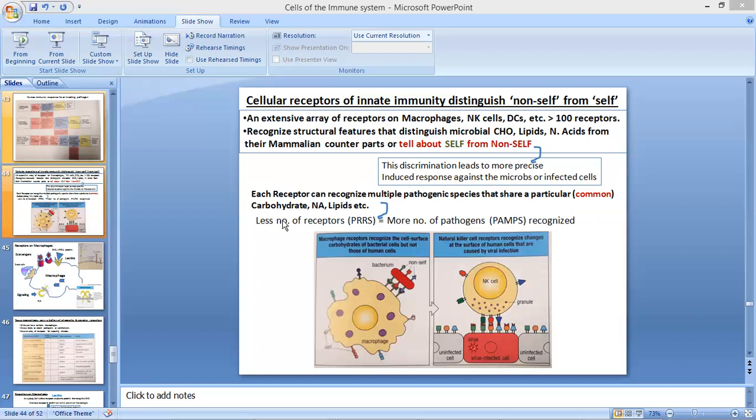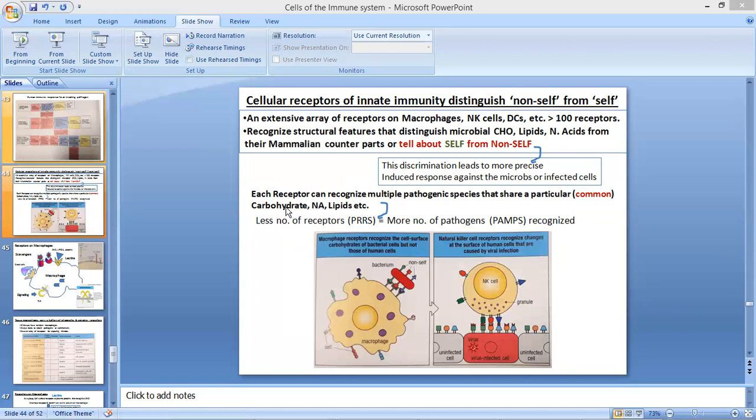That is because these receptors are not specialized receptors that would go for recognition of a single peptide or a single carbohydrate moiety. They are going to recognize a pattern of carbohydrates, nucleic acids, or lipids, which are part of the membranes or walls of different types of microbes, and these patterns would be common to them.